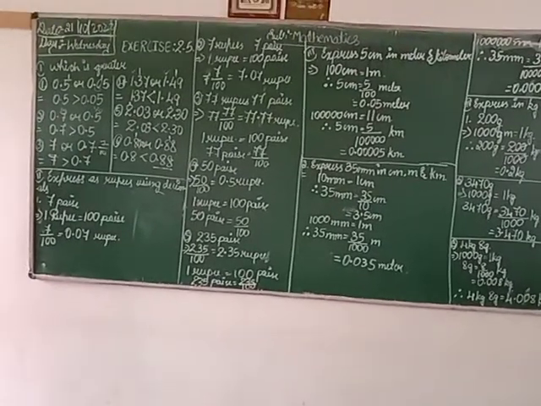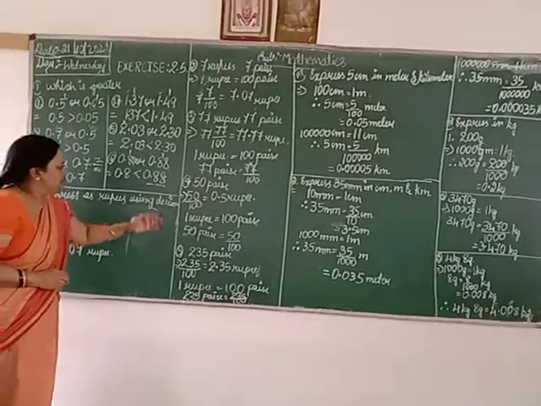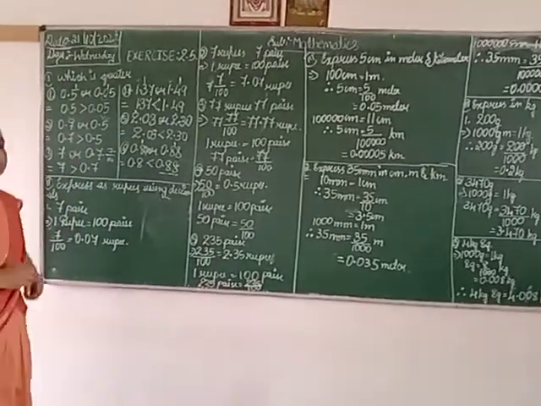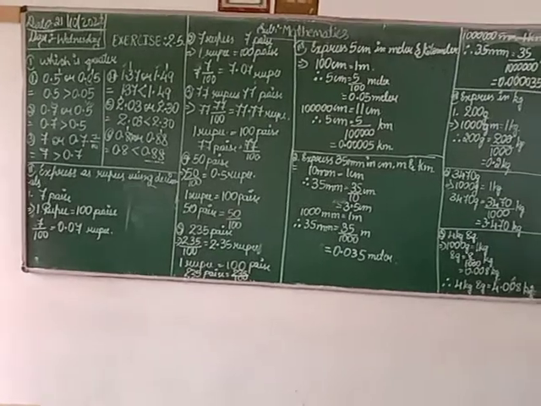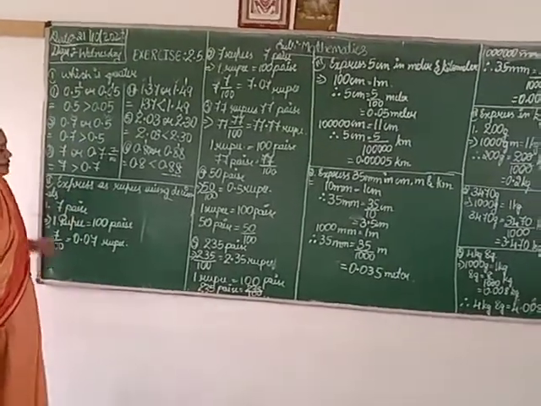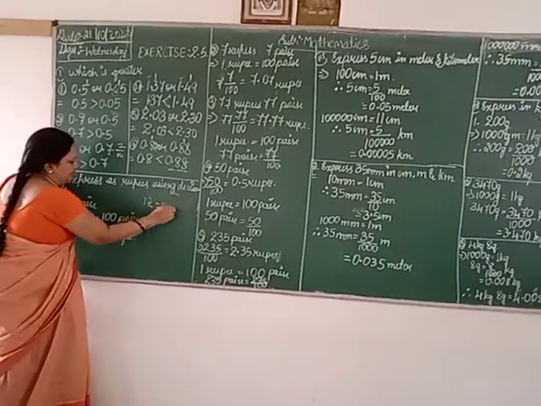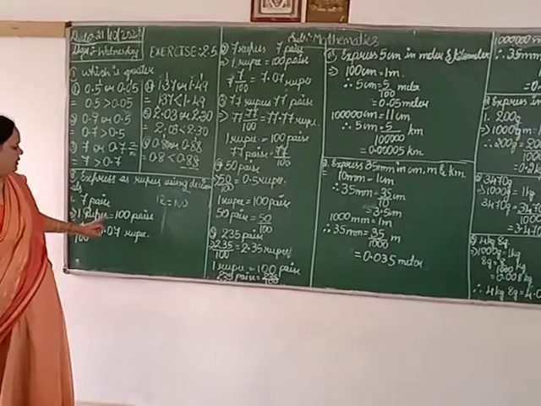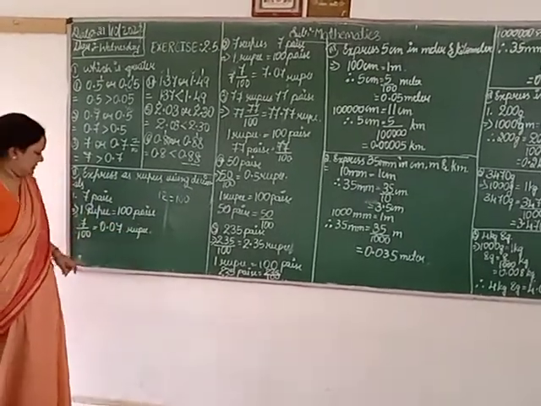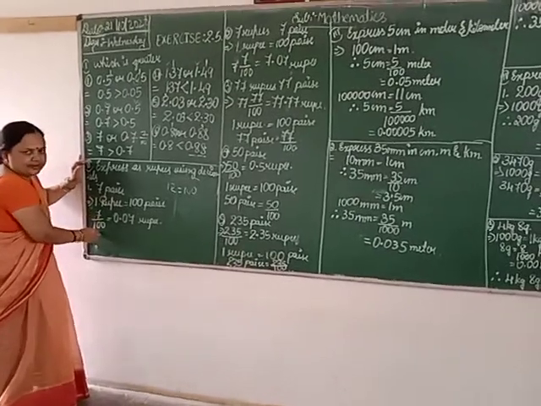Understood, children? So we will move to the second main question. Express as rupees using decimals. See, children, the first one he asks is 7 paise. You know very well, 1 rupee will always have 100 paise. So what is 7 paise then? 7 by 100, right?